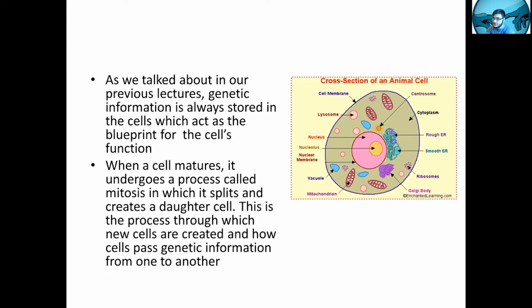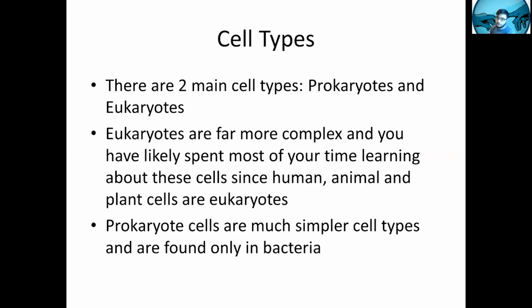This is also how cells pass genetic information from one to another. Like I said, it should most of the time be an exact genetic copy of the parent. That's not always the case because mistakes do happen. It's not a perfect system, but usually it should be a mostly exact copy of the parent, and that's how you get genetic information from one generation of cells to another.